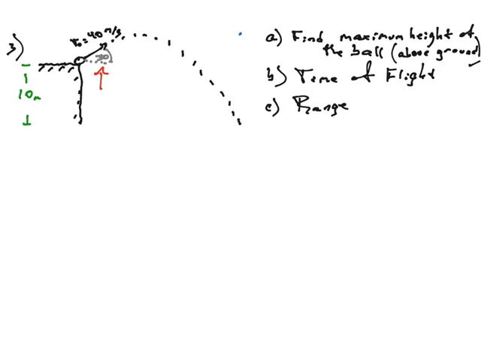My initial velocity is not in x or in y. It's at an angle. And it is imperative that you understand when you're given a piece of information that's at an angle, the very first thing you ever do is break that angle up into x and y components. So, initial velocity, I need an x piece, and initial velocity, I need a y piece.